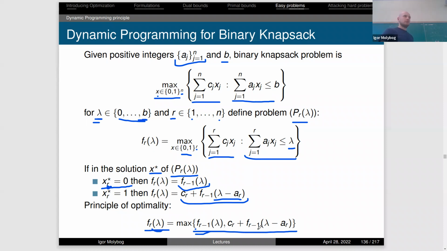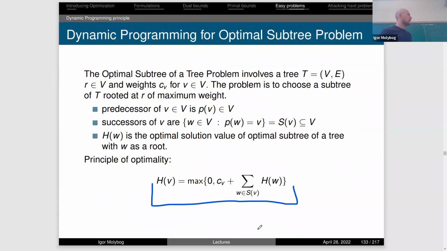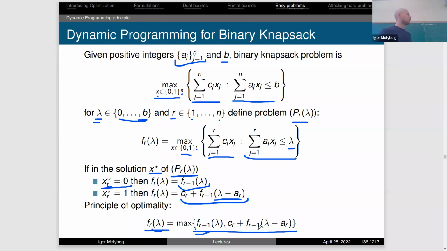Are there any questions? Okay, so basically this is the general rule of how you construct it. This is the way it's done for the cases when you don't really have a graphical representation.